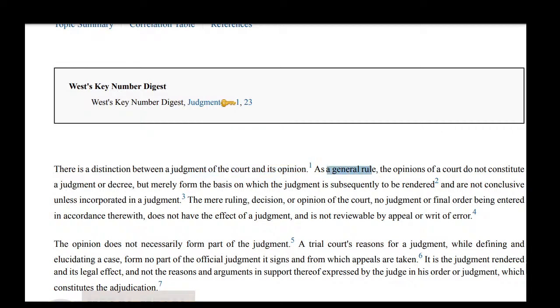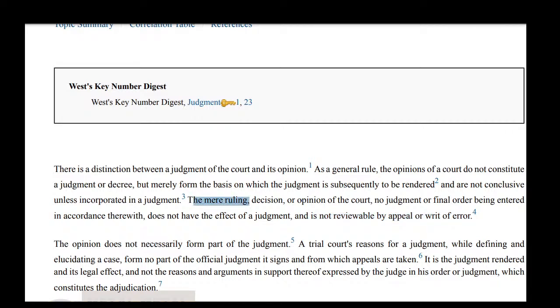As a general rule, the opinions of a court do not constitute a judgment or decree, but merely form the basis on which the judgment is subsequently to be rendered, and are not conclusive unless incorporated into a judgment. The mere ruling, decision, or opinion of the court, no judgment or final order being entered in accordance therewith, does not have the effect of a judgment, and is not reviewable by appeal or writ of error.